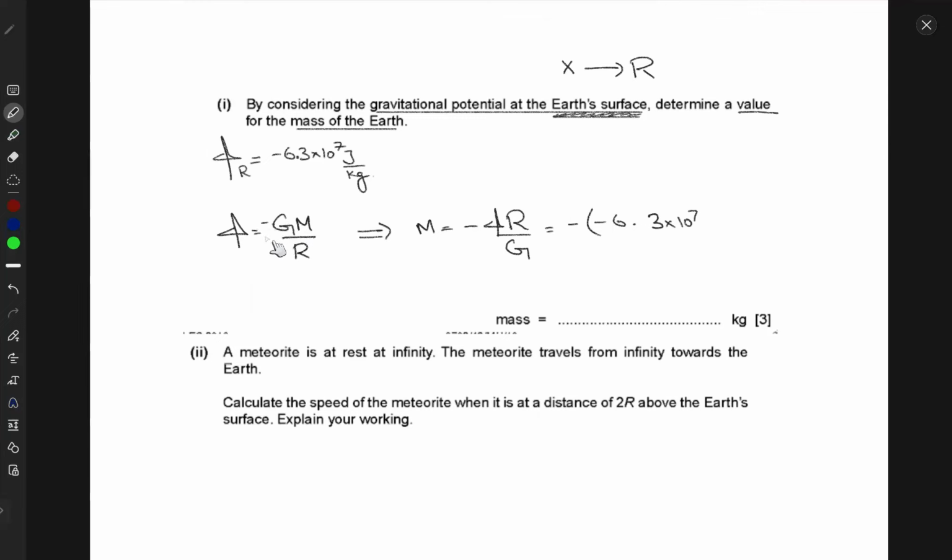So all we did was we used this expression to write an expression for mass, which is minus phi r over G. And the value for phi from the graph, as we read, is minus 6.3 times 10^7. Just putting it in here, we were doing this, and I guess the class was over last time. So this is minus 6.3 times 10^7, but now we have to multiply this with r, but r is what?